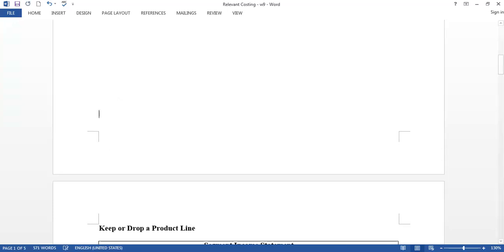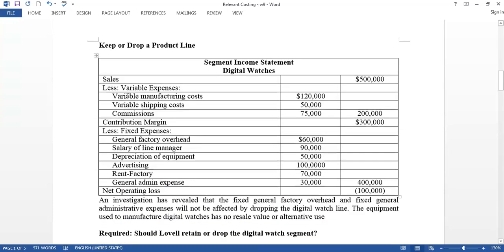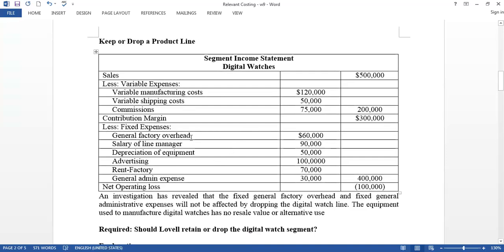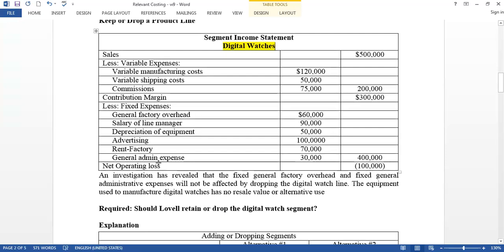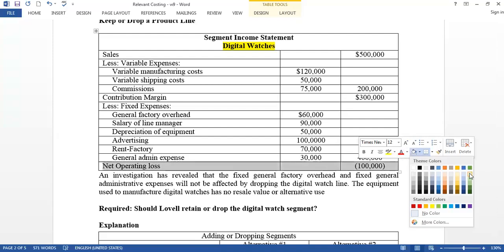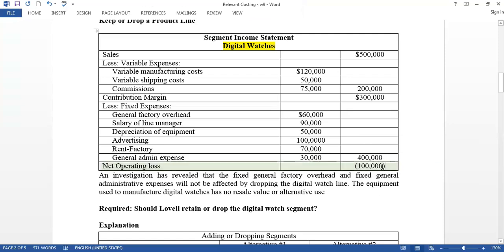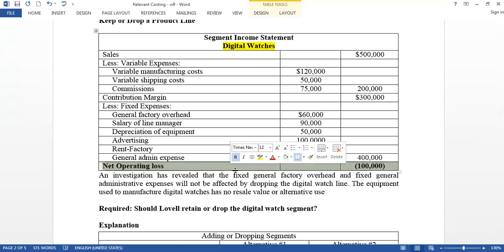Now look at this question. This question said that they have several products in this company, and digital watch is one of the products of this company. But the problem is digital watch is showing a net loss for several years.